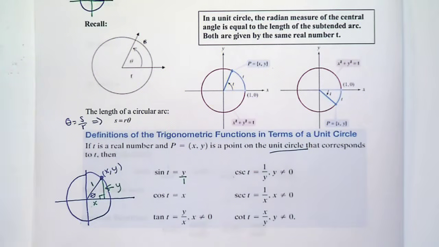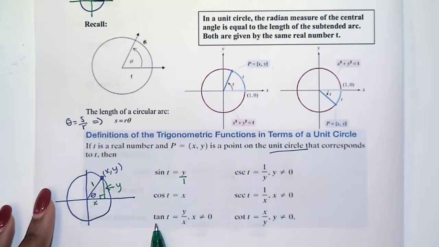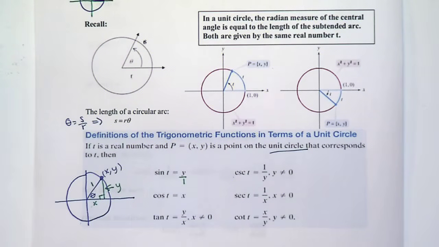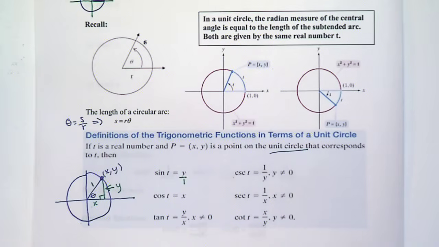We could do the same with cosine. Cosine is adjacent, which is our x, over hypotenuse, which is 1. Tangent is opposite over adjacent, so y over x. And we can just flip all of those to get the other 3.